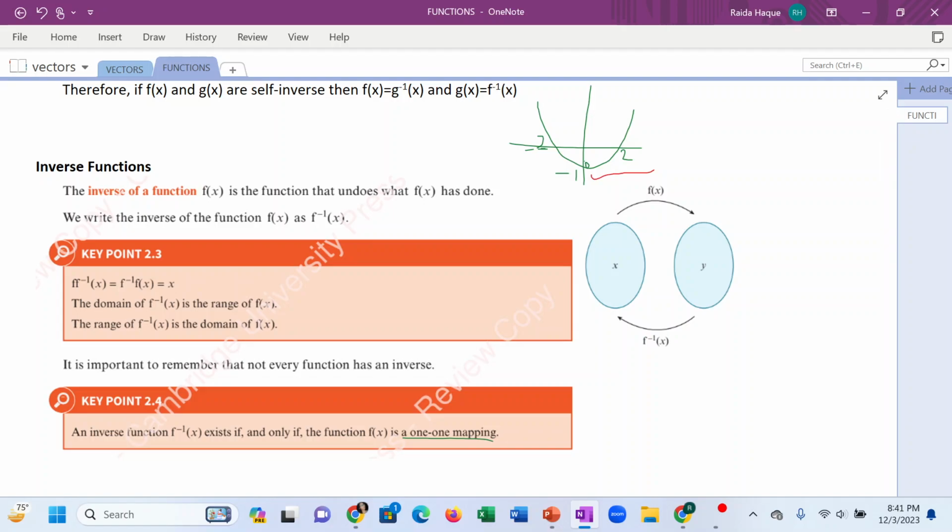Because for each value of y, there is only one value of x. However, the moment you go a little to the left, the moment you consider the values of x till this point, then for this value of y over here, you have two values of x.